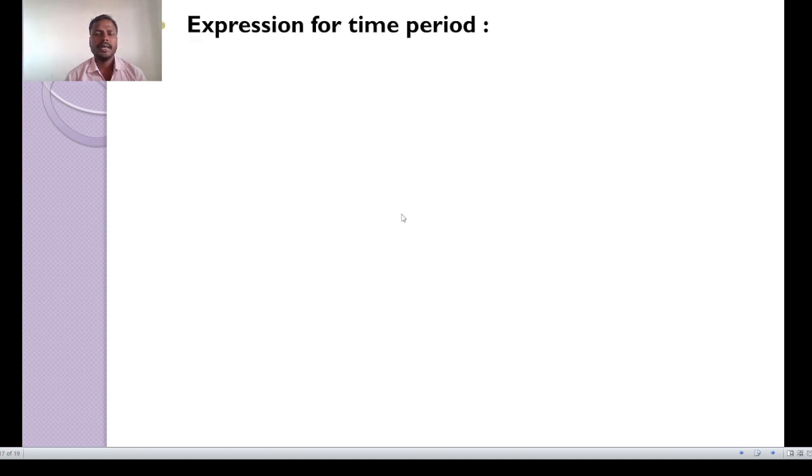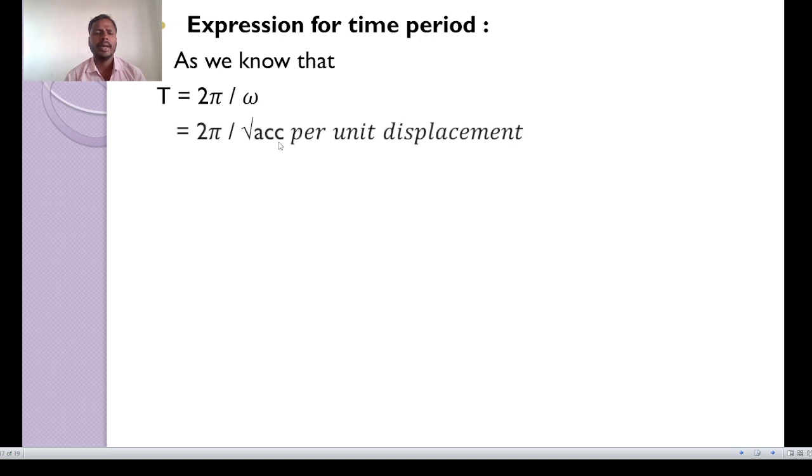Now the next point is the expression for the time period. As we know, T is equal to 2 pi divided by omega, where omega is the acceleration per unit displacement.